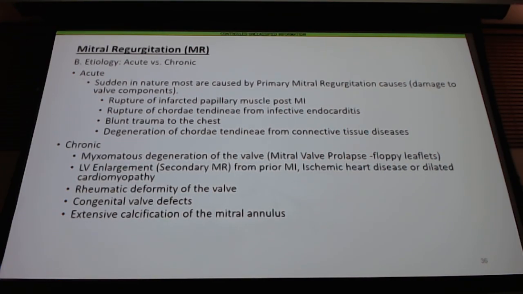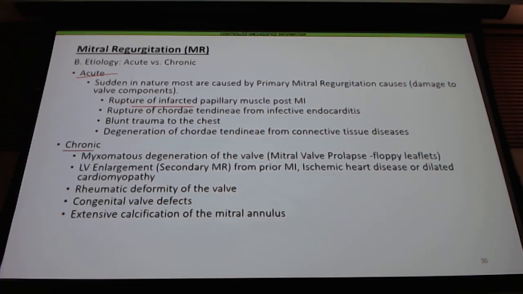From a pathophysiologic standpoint, if you have acute mitral regurg, things like rupture of an infarcted papillary muscle, rupture of the chordae tendineae, blunt chest trauma, you can imagine this acute kind of onset, the body can't compensate for this condition, and they tend to be pretty sick, in critical condition pretty quickly.